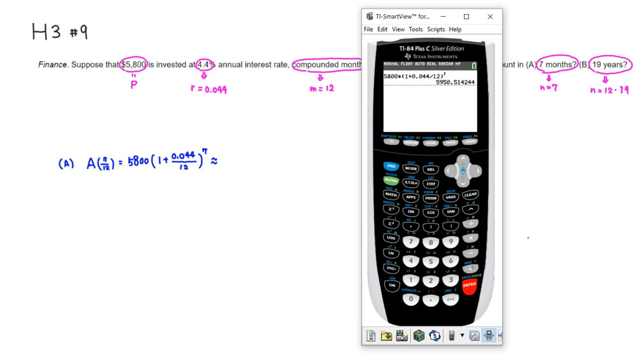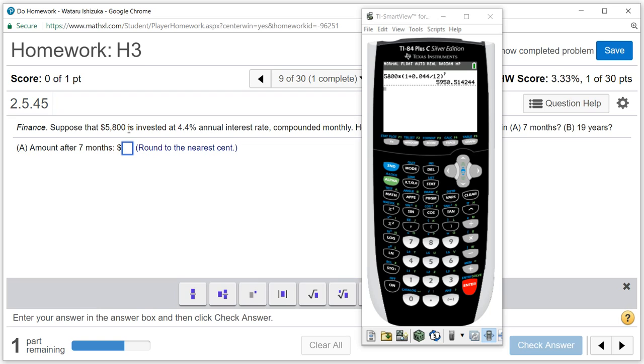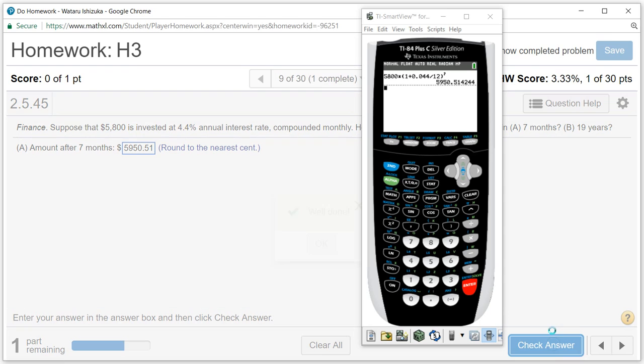It came out to be $5,950.51. Let's type this in first. So we have 5,950 and 51 cents. Check the answer. All right, we got that.